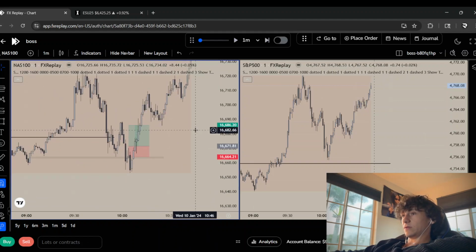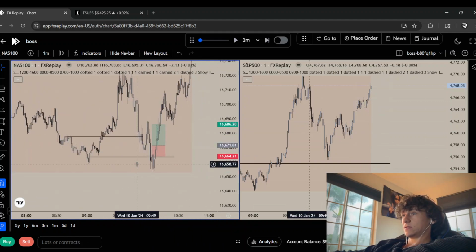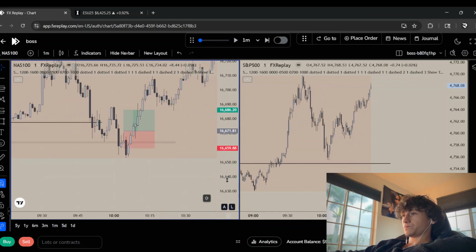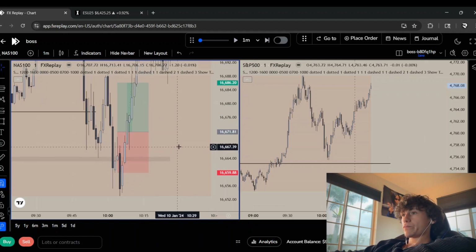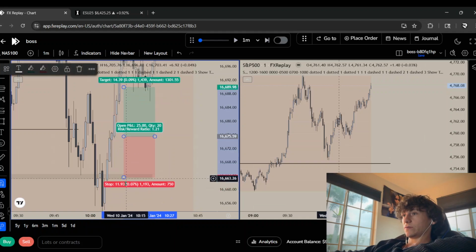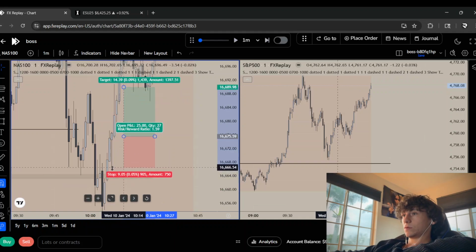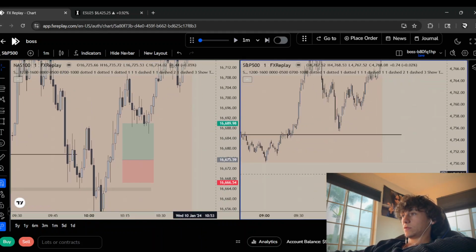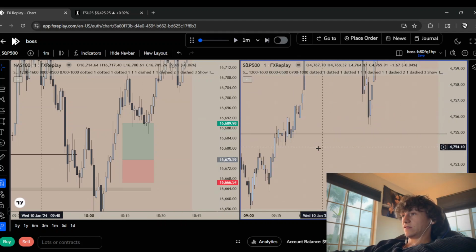So that is what we wanted to do. We wanted to come down, take that low right there. I mean, I guess you could have entered here. Do a stop there. Although we still had unfilled gaps on ES, I think.